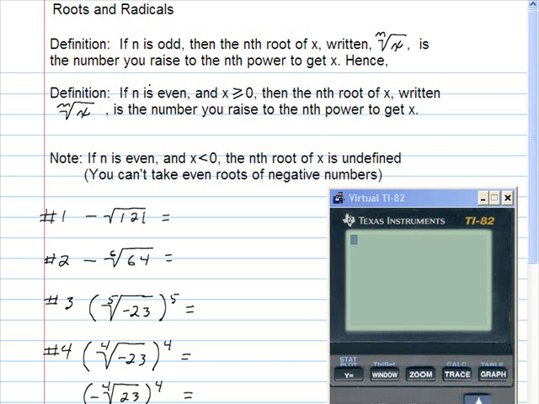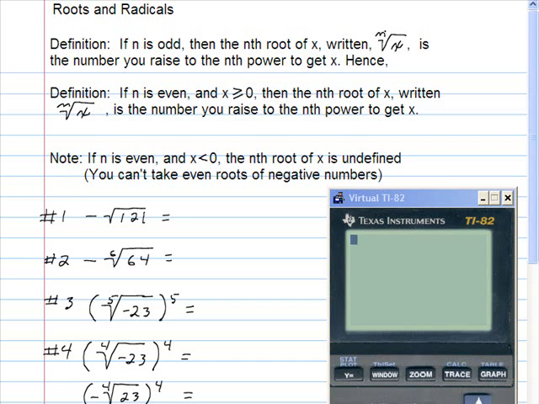We're going to look at a definition of the nth root of x, and we're going to start the definition by saying, well, what happens if we're taking an odd root? What happens if n is odd? If n is odd, then the nth root of x, written nth root of x, that's this symbol right here, is the number you raise to the nth power to get x.